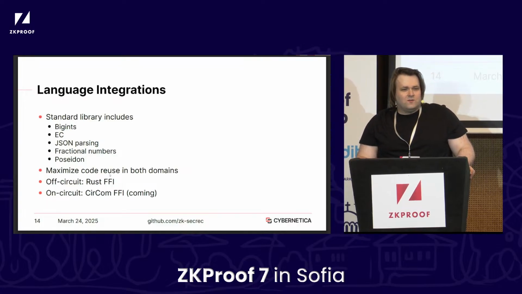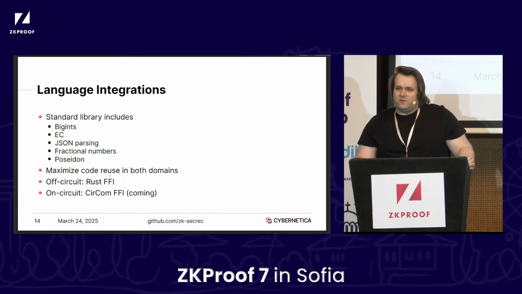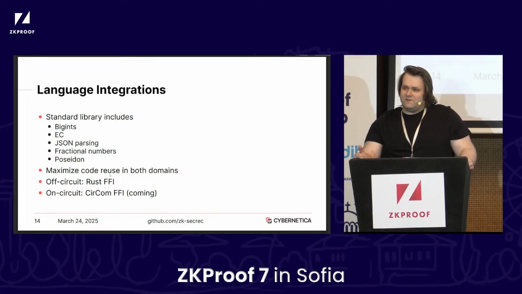We do want to make it so that we don't have to reinvent the wheel as much. So for that, we have the FFI for Rust, and we're also adding Circom imports so that if you have something already built out in Circom, you will be able to just import it into ZK-SecreC directly and call your Circom from ZK-SecreC.